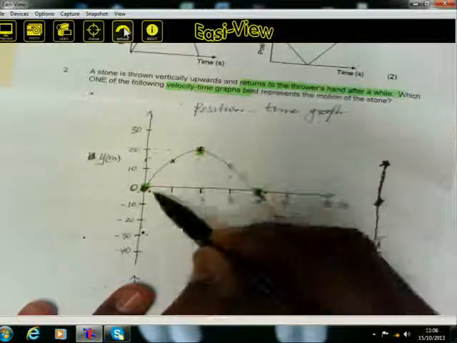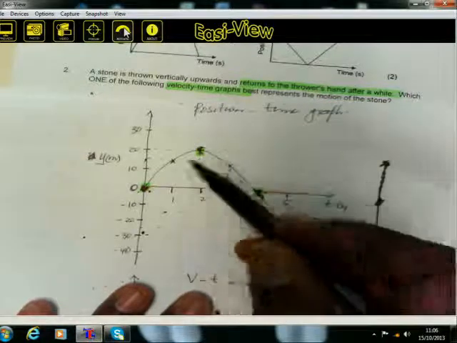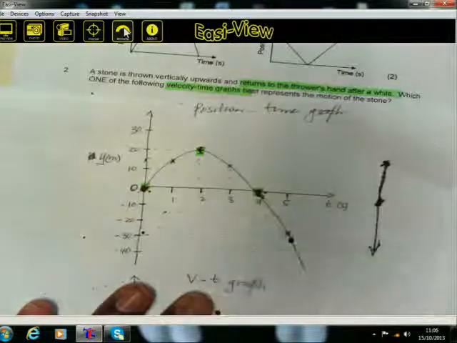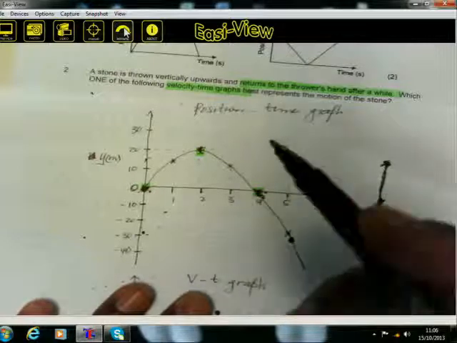Now if you look at the position of an object, it is not actually a straight line because the object is decelerating, its speed is reduced, so the graph cannot be a straight line but rather a curve. So these two graphs will not be applicable. That leaves us with graph C.